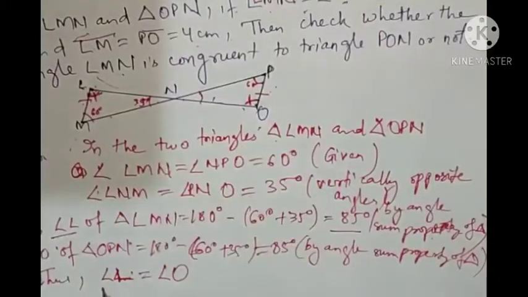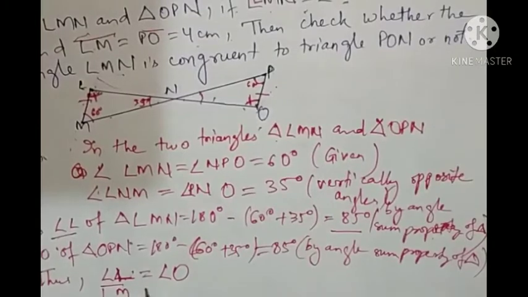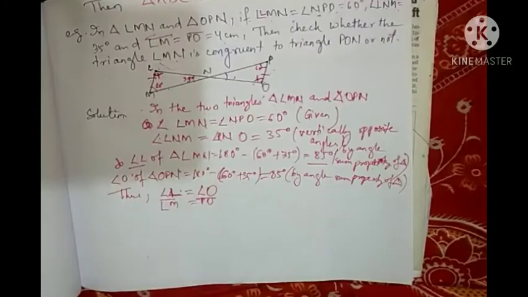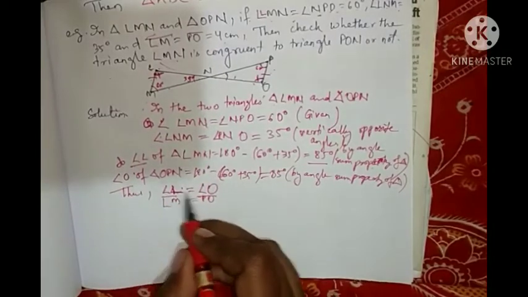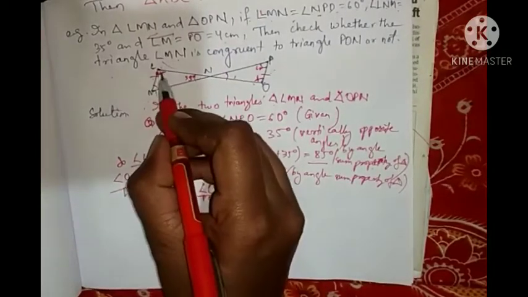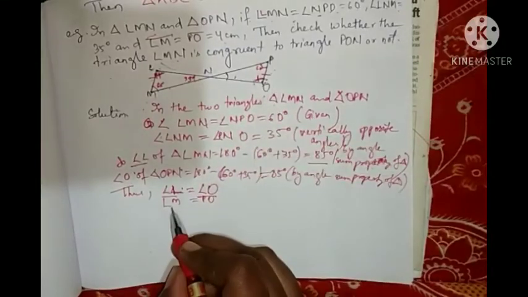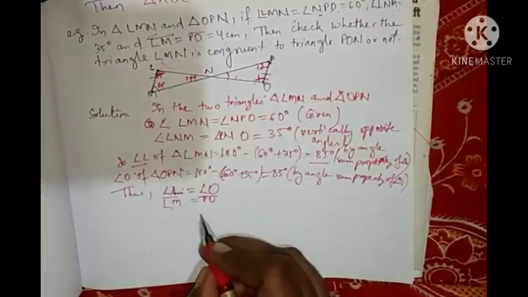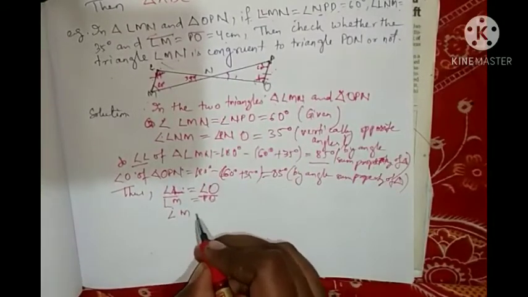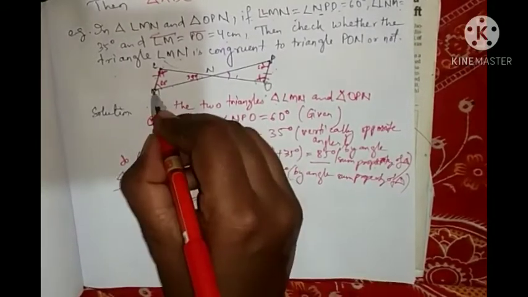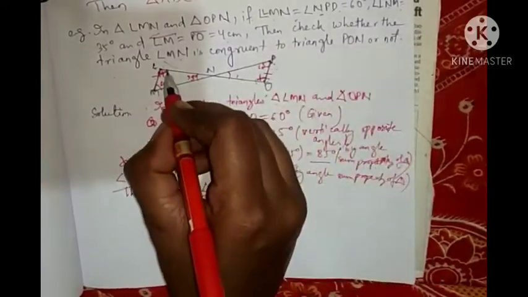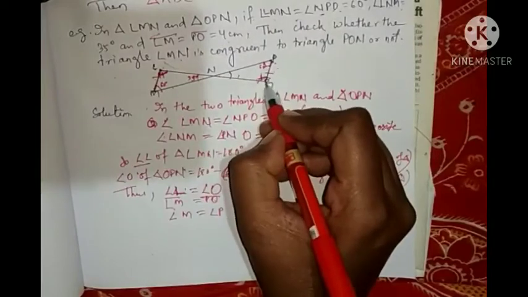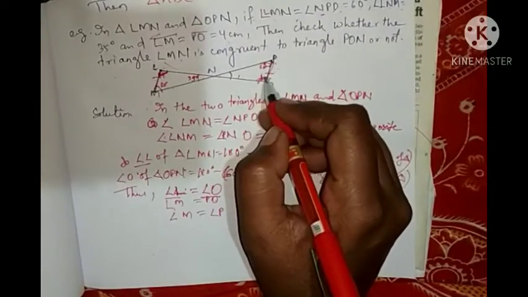Side LM equal to PO. So look at here: angle L equal to angle O, LM equal to PO, and angle M equal to angle P. So angle, side, angle.